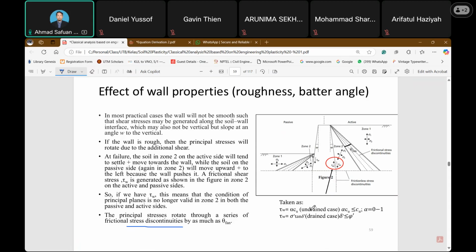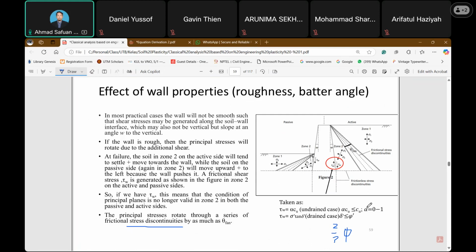In the previous example, we can use delta equal to 2/3 of phi, because delta should be less than phi.